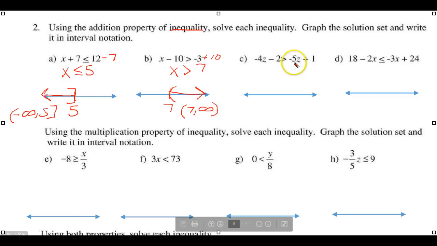Now here, an interesting thing occurs. If I move the negative 4z to this side, this will remain a negative z. And I move the plus 1 to this side, this becomes a negative 3.